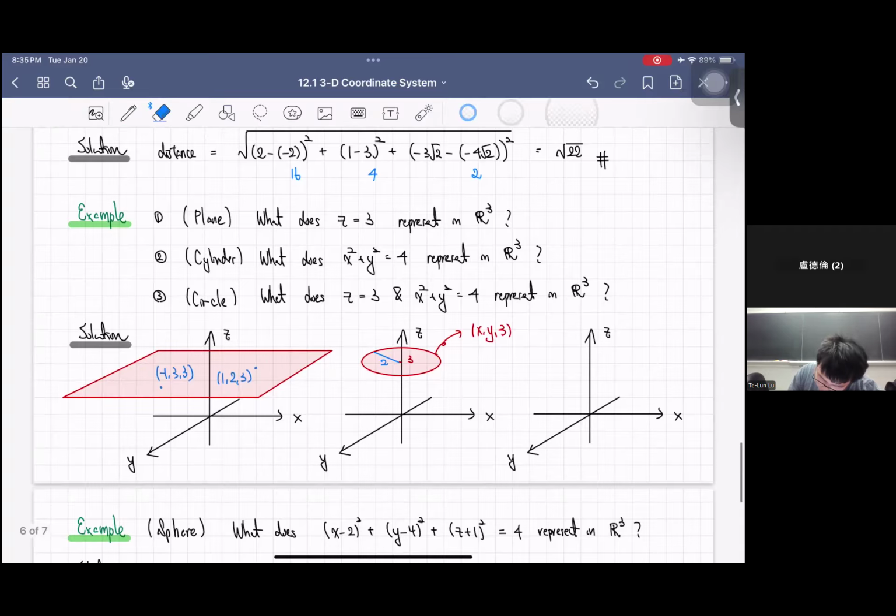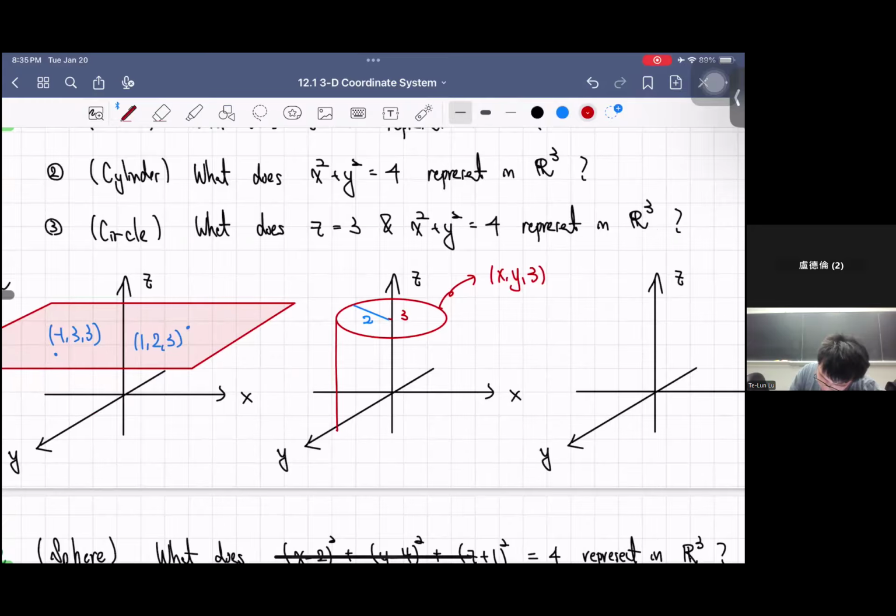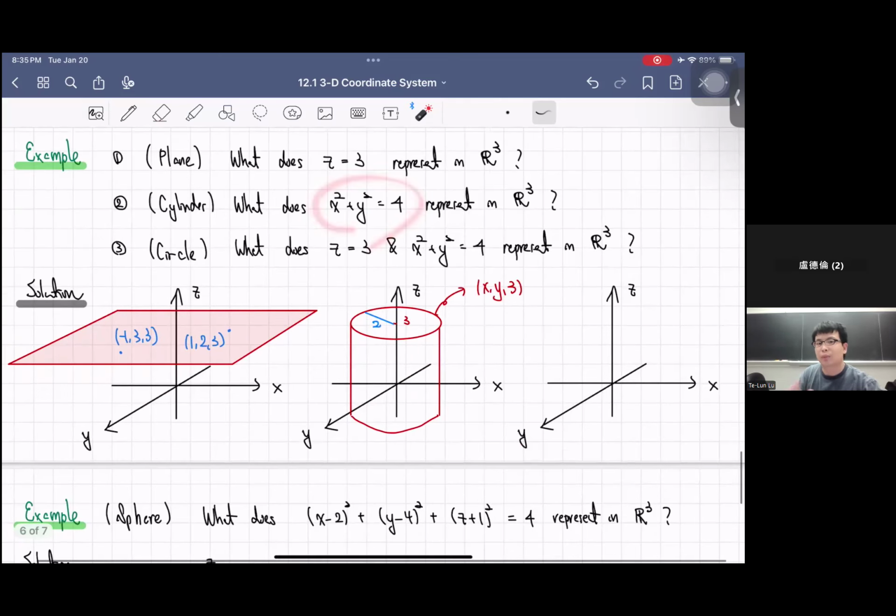So what we're actually drawing is a hollow cylinder. That's not a good picture. Like that. Okay? So this part of the 3D coordinate system is the representation of this equation. x squared plus y squared equals 4 is a cylinder, and it looks like this. It is hollow. All right?